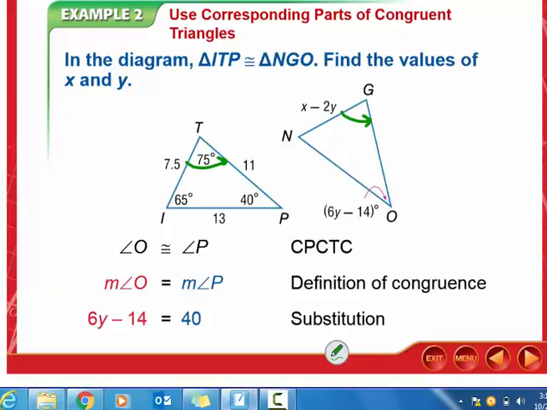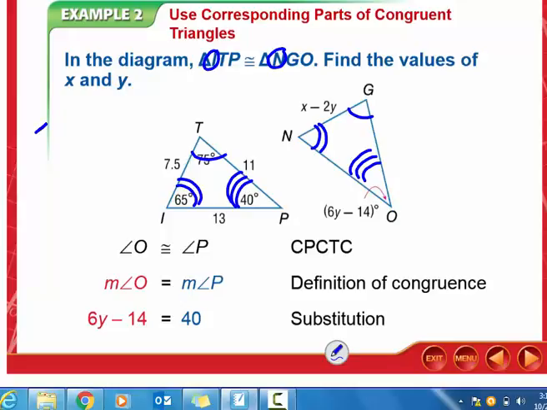Because the two triangles are congruent, angle I corresponds to angle N. Those are corresponding parts. Angle T, like I said, corresponds to angle G, and angle P corresponds to angle O. So I can figure out that the measure of angle O must be 40.